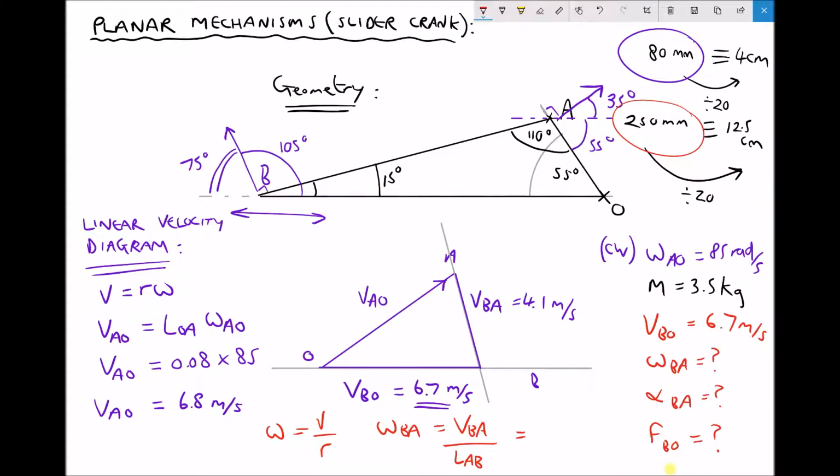Okay, so we have the velocity of B relative to A from our scale drawing is 4.1 metres per second. That's already in SI units. Divided by the length of AB. Well, the length of AB is 250 mil, divided by 1,000 is 0.25 metres, giving me an angular velocity of B relative to A equal to 16.4 rads per second.